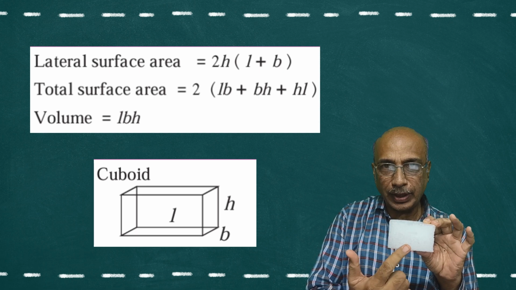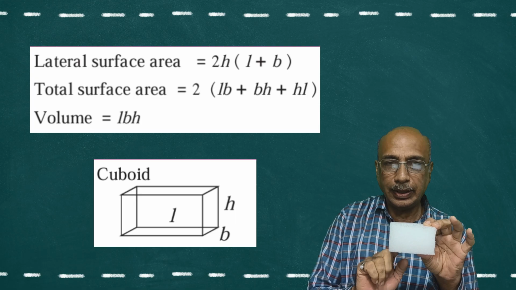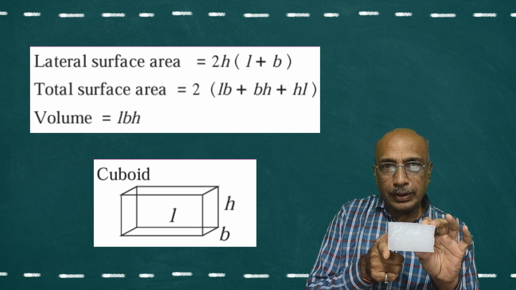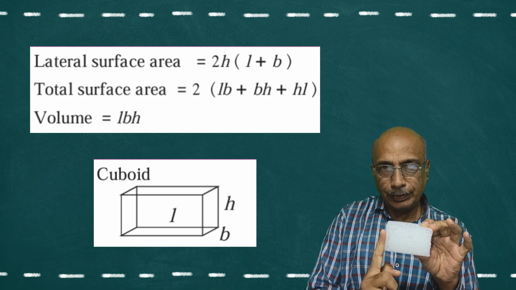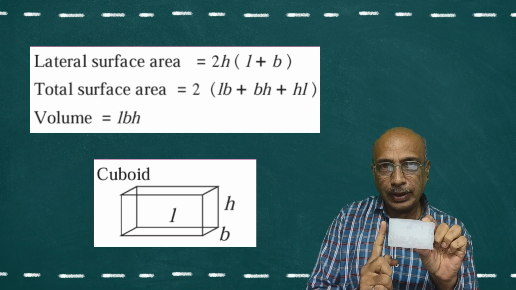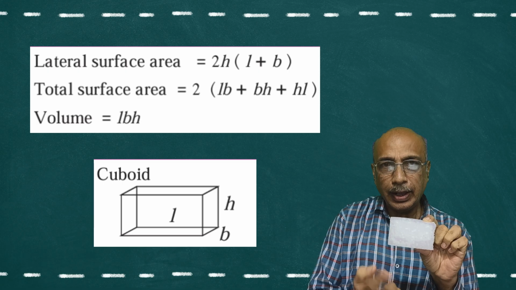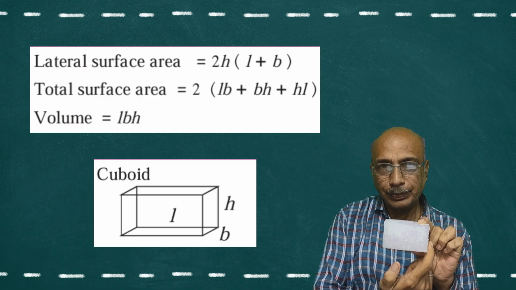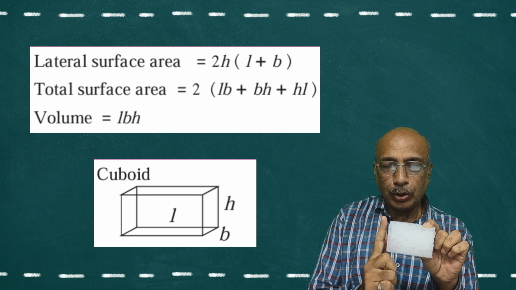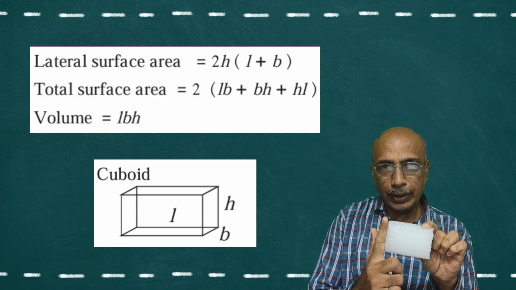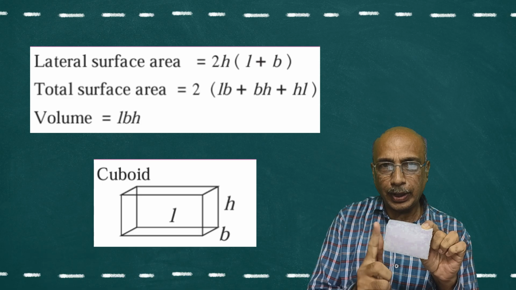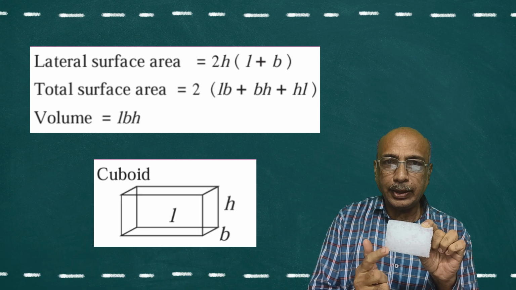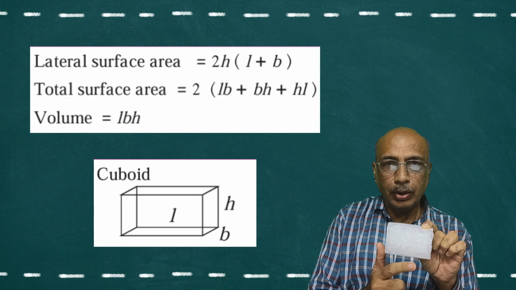How many faces are there? This side and this side. Breadth into height. How many faces are there? This side and this side. So twice length into height and twice breadth into height, twice height taken common.